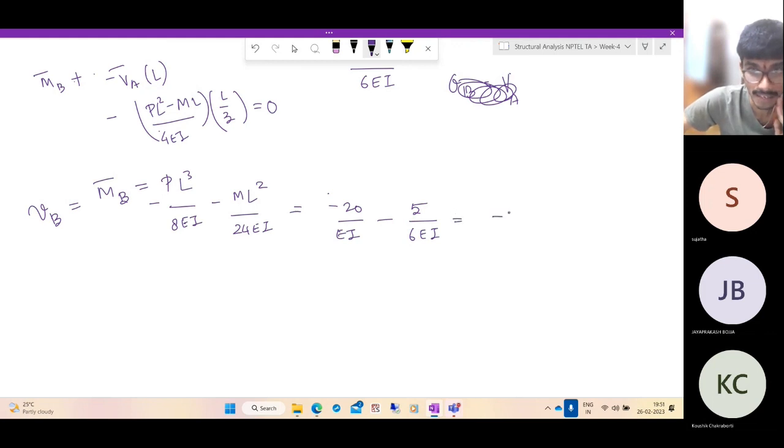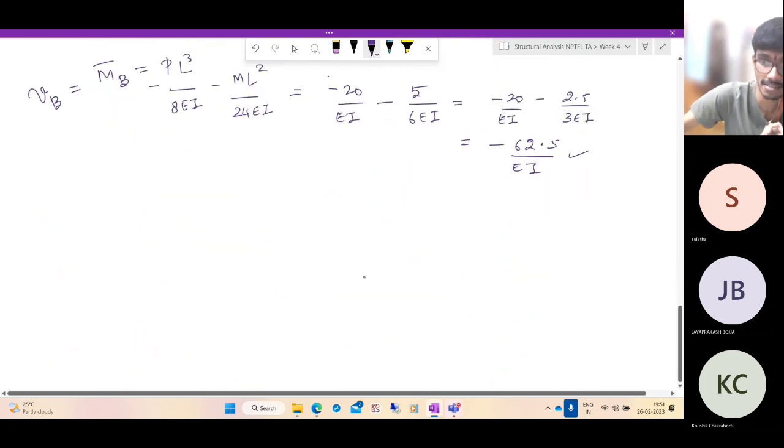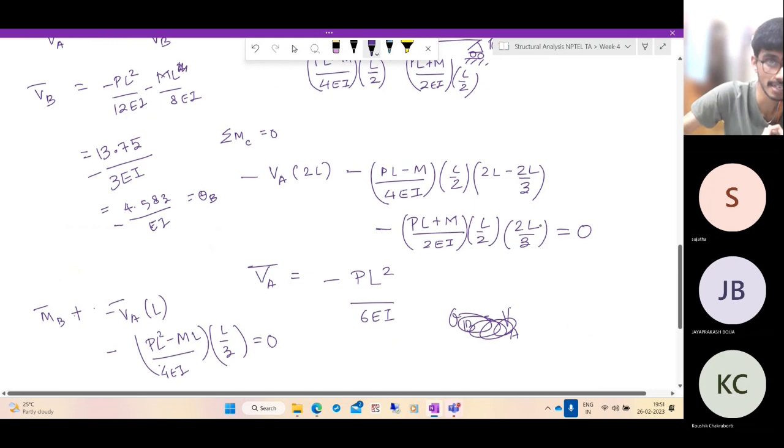This is nothing but minus 20 minus 2.5 by 3EI. This is nothing but minus. So take LCM, you'll get minus 62.5 by EI. So it means the deflection is downwards. The deflection at point B is downwards, and the rotation at point B is clockwise.